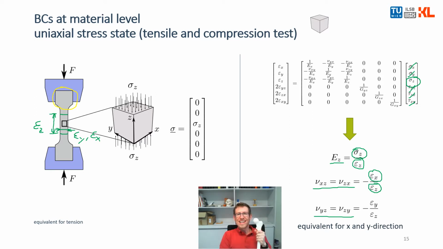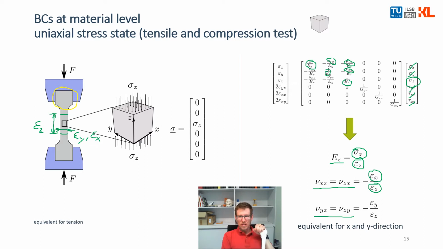That means you do in sum 3 tests. And what you can get out of these 3 tests are the 3 Young's moduli, so this, and this, and you get the 3 Poisson ratios out of this. So you get 6 unknowns out of the 3 uniaxial tests.